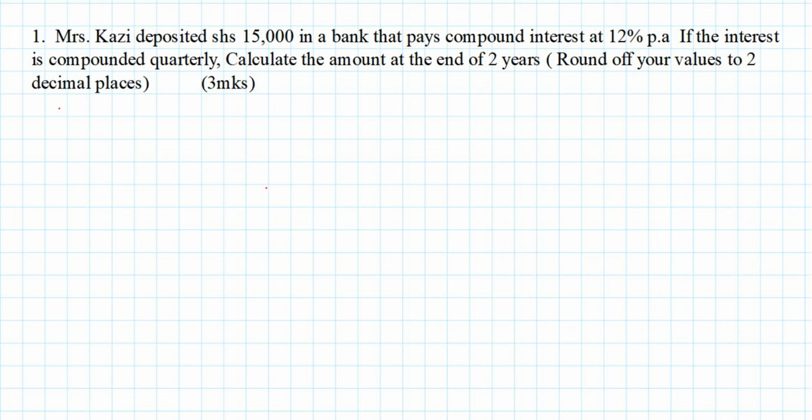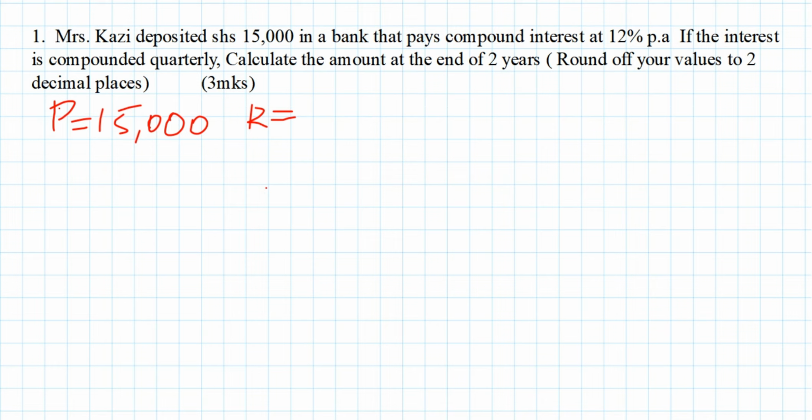So in this case now, we require to know that our principal is going to be 15,000, and then our rate here is 12% per annum, but then we are being told that this interest is being compounded quarterly. And we know that in every year we have got 4 quarters.